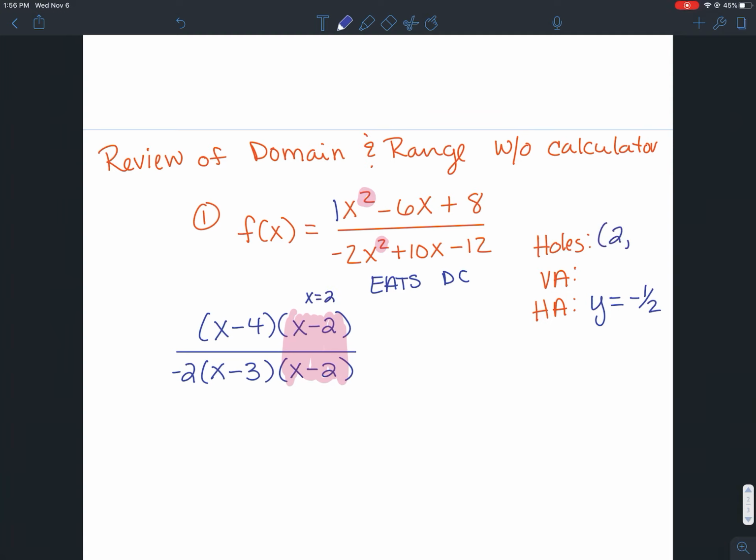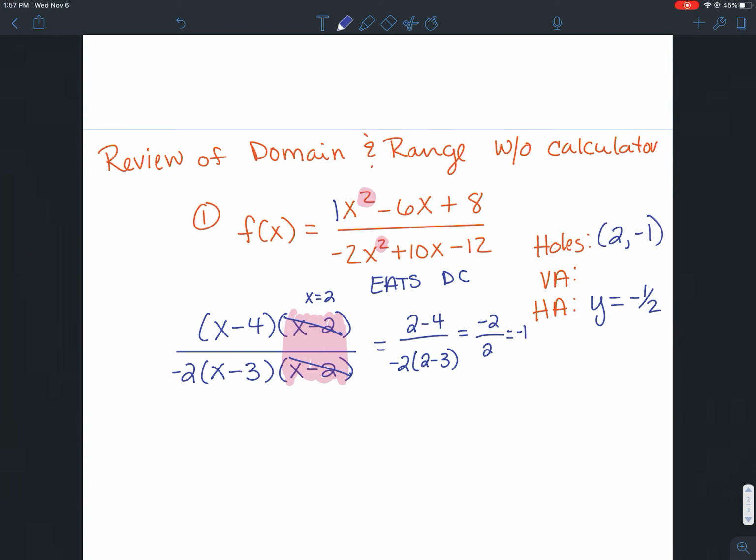That's part of my hole. I'm going to cancel those. To get the other part of the hole, I just plug in that 2 to the remaining part. So 2 minus 4 on the top, negative 2 times 2 minus 3 on the bottom. So I get negative 2 over 2, so negative 1.